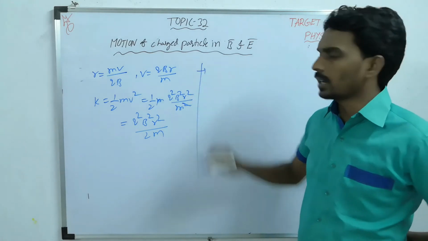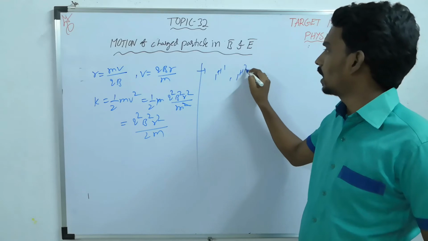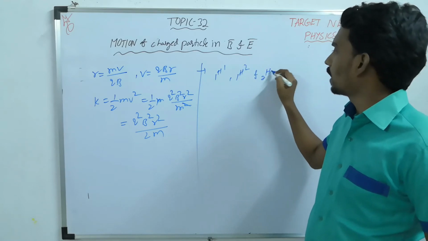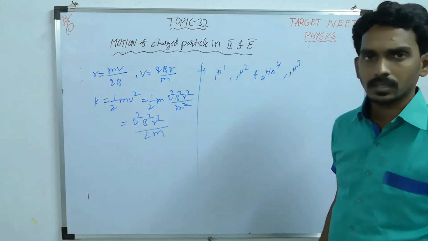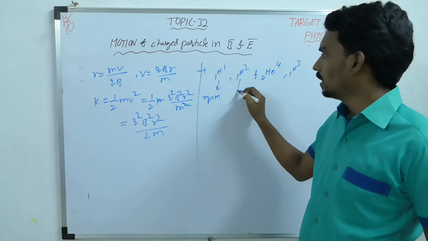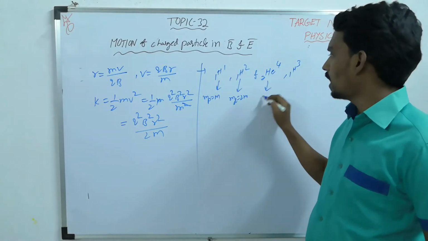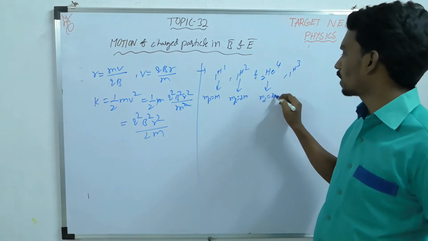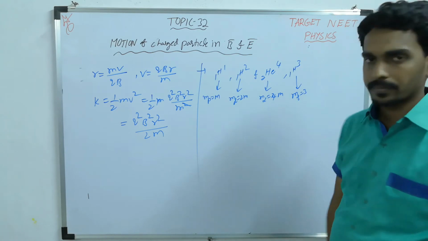And sometimes they will ask questions between proton, deuteron and alpha particle, or sometimes tritium. So if the mass of proton you consider m, then the mass of deuterium is 2 times, mass of alpha is 4 times, mass of tritium is 3 times.